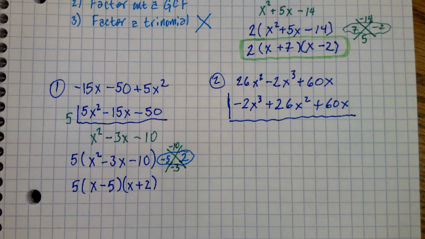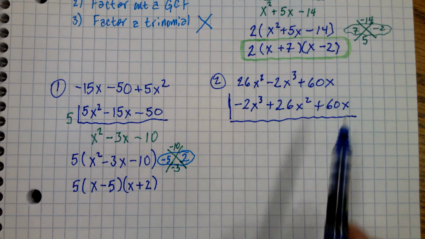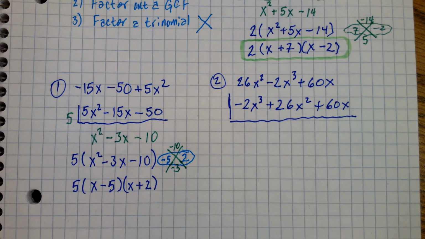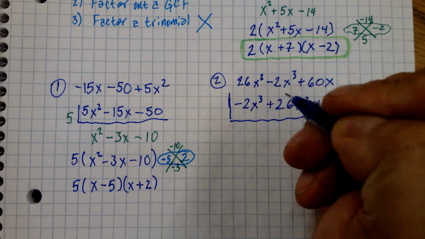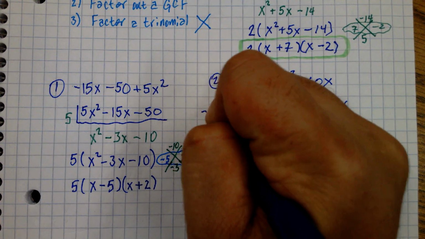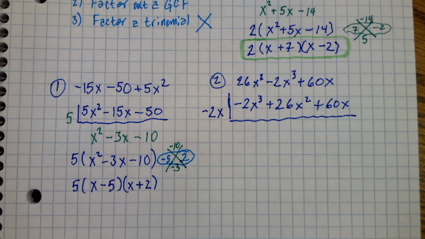So negative 2 divides out. Anything else? We got x cubed, x squared, and x. Just x. So the GCF that pops out is negative 2x. We're going to divide that out of each term.